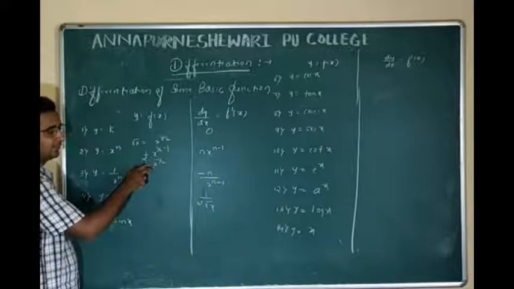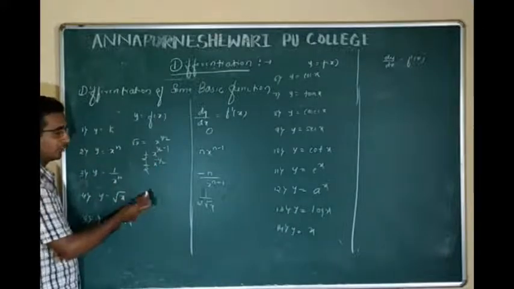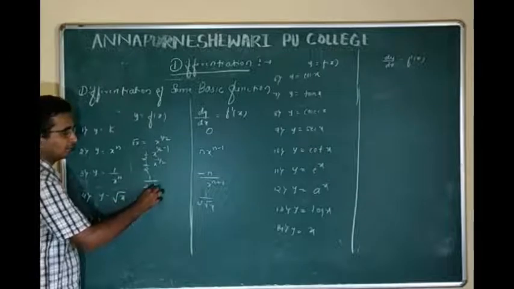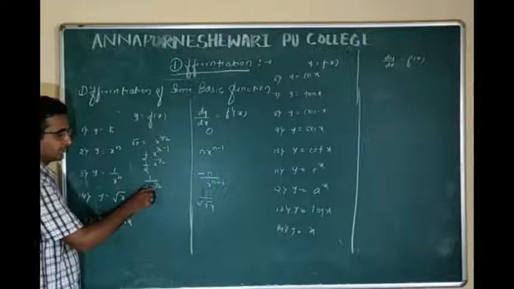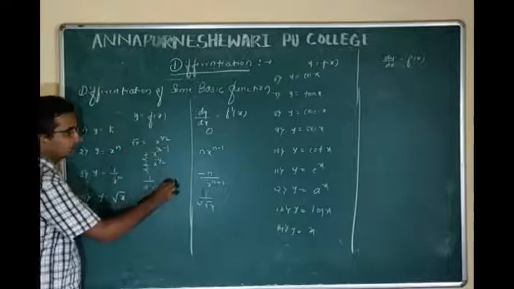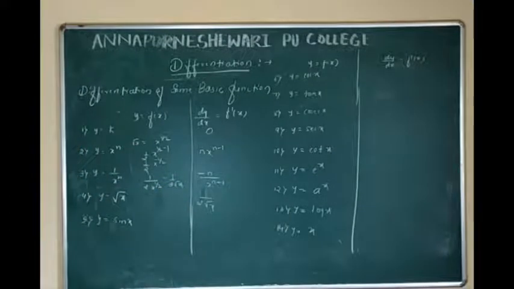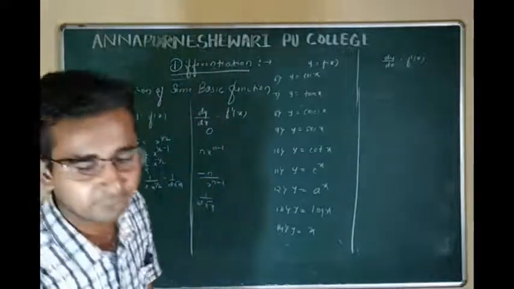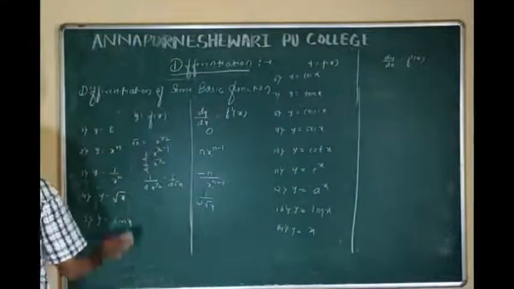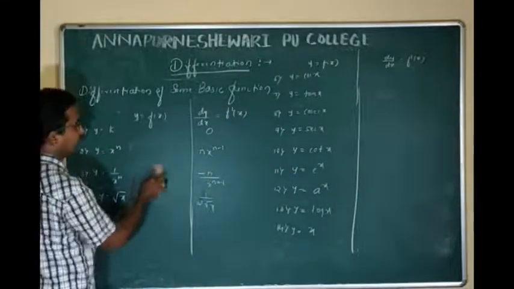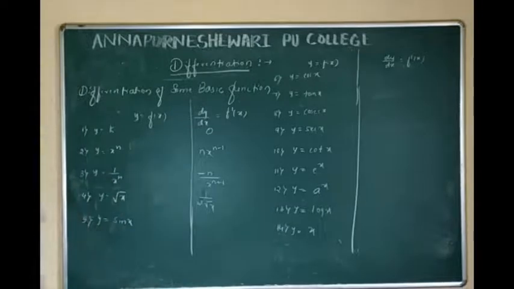Then shall I take this x raised to minus 1 by 2 to the denominator? Then what do you get? 2 x raised to plus 1 by 2. Then x raised to 1 by 2 is nothing but root of x, so 1 divided by 2 root of x. So the differentiation of root of x is nothing but 1 divided by 2 root of x.